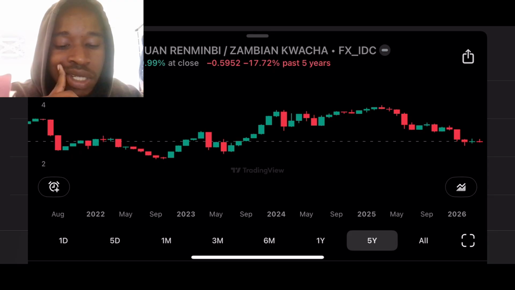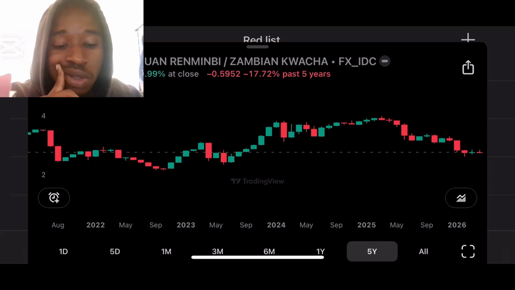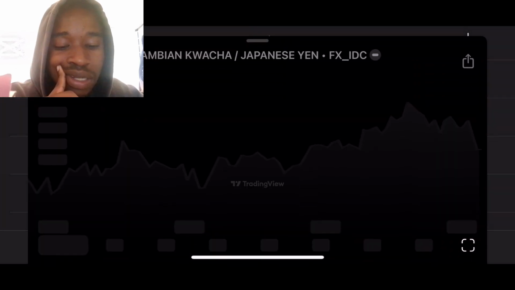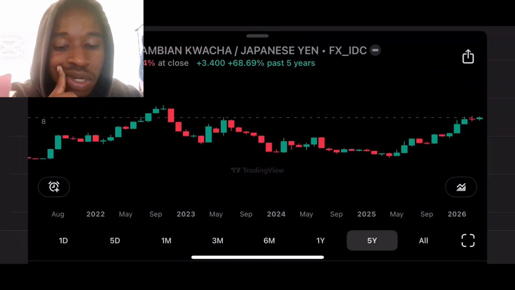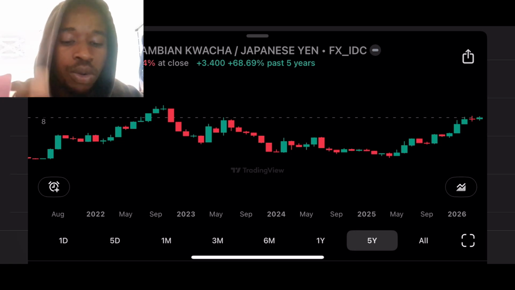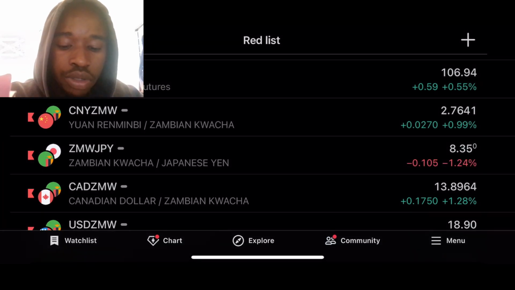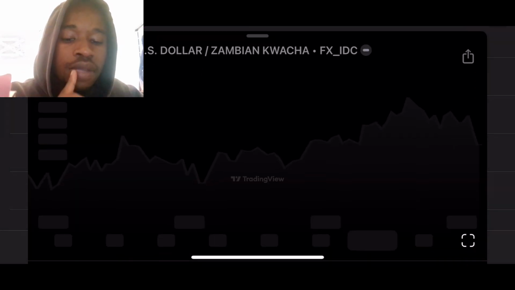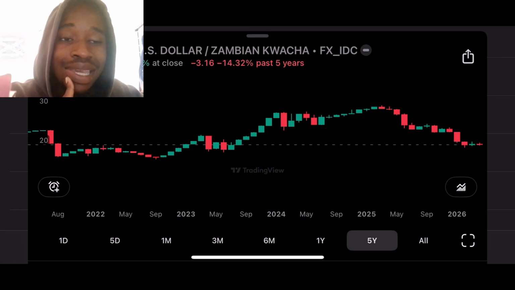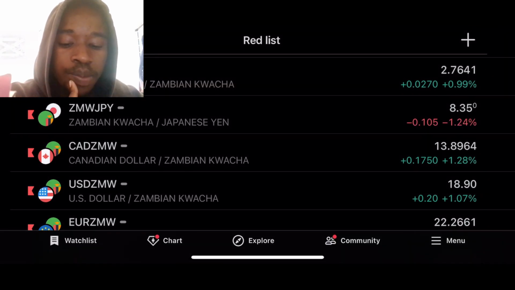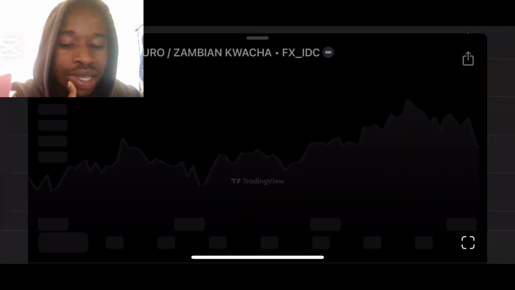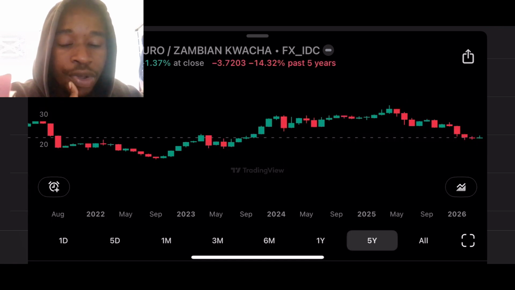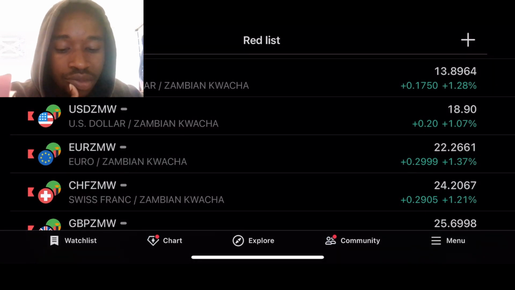The kwacha against the Japanese yen is trading at 0.1 and so on, the kwacha against the USD is trading at 18 kwacha 90 ngwee, and the kwacha against the euro is 22.26.